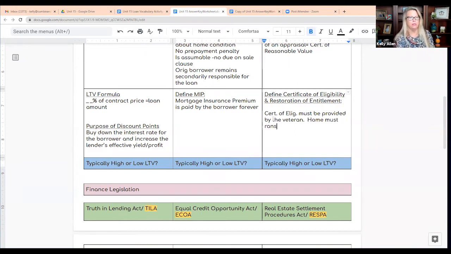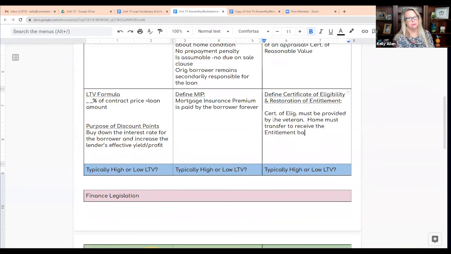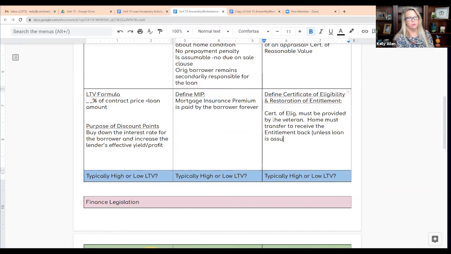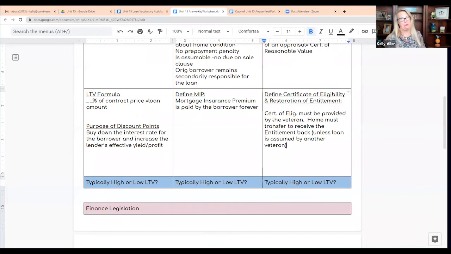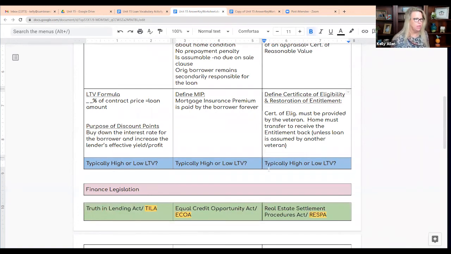Home must transfer to receive the entitlement back, unless the loan is assumed by another veteran. Okay, I'm liking that sentence right there. All right, y'all. We are just knocking it out of the park.